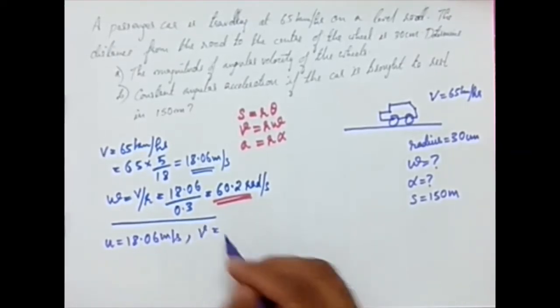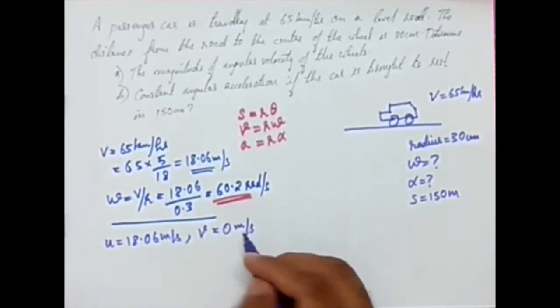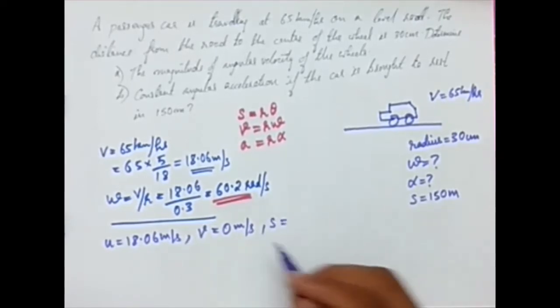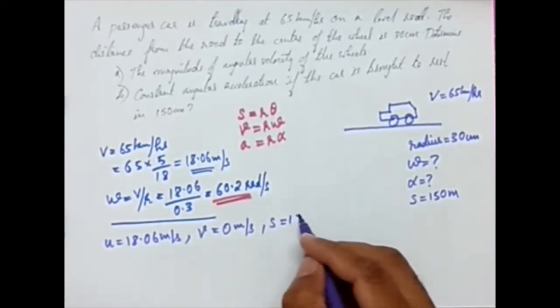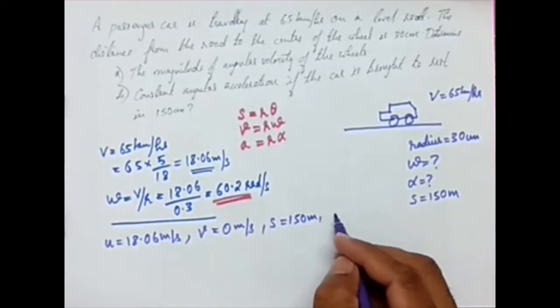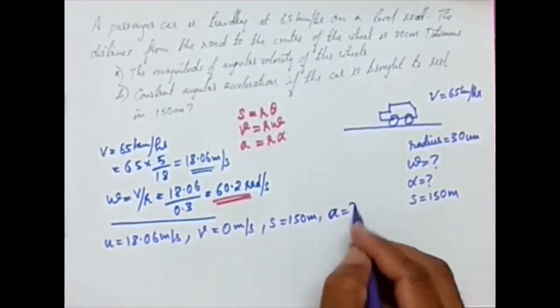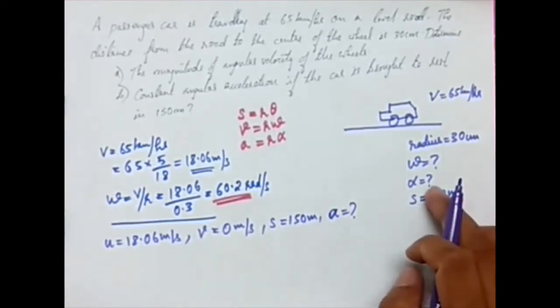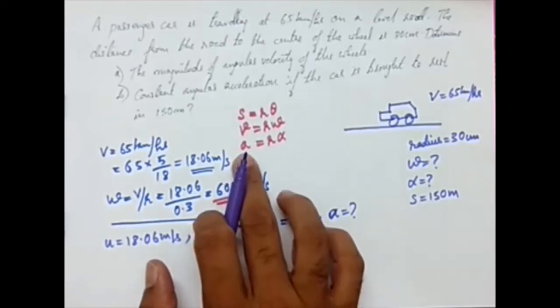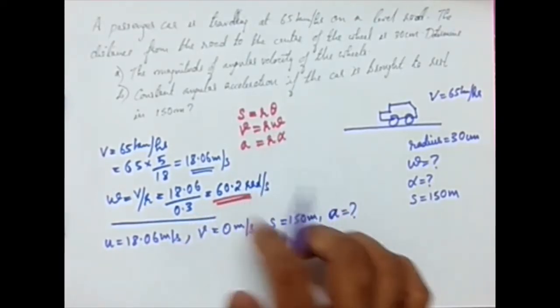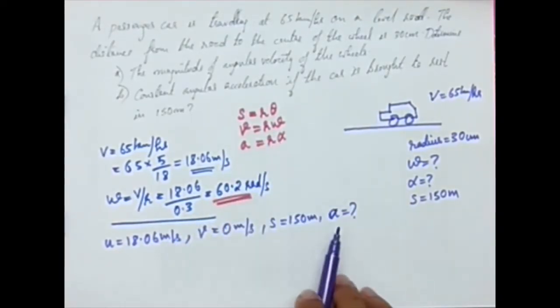What about the final velocity? It is 0. And they have given the distance, that is s is 150 meters, and you are asked to calculate the value of a, through which you can calculate alpha, because once we have the value of a, the relation is available, alpha equals a by r. So we'll calculate a from the linear condition and convert it into the circular condition.